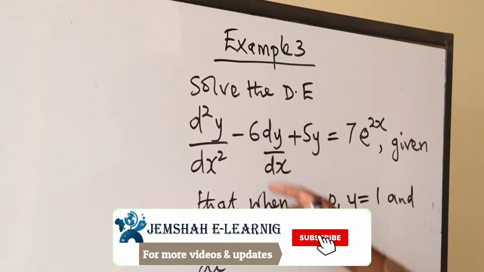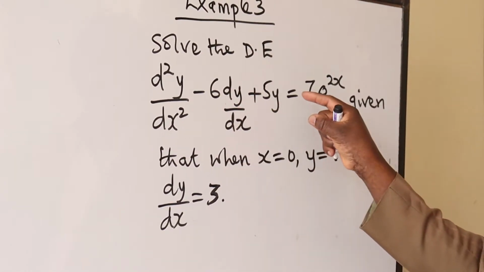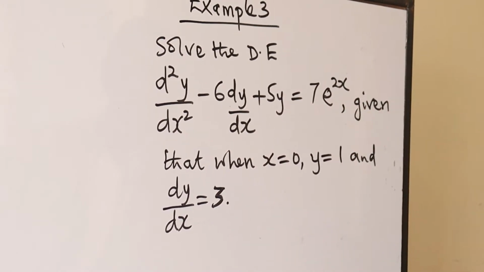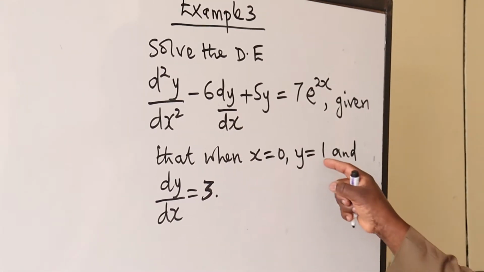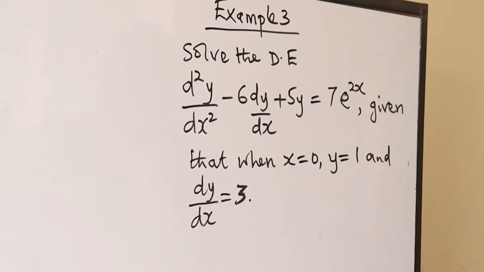Solve d squared y dx squared minus 6 dy dx plus 5y is equal to 7 exponential 2x, given that when x is equal to 0, y is equal to 1, and dy dx is equal to 3.